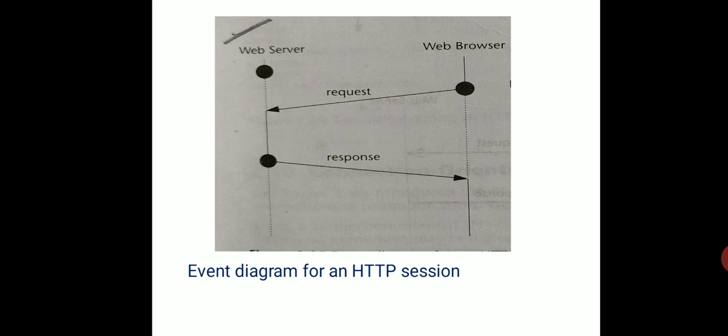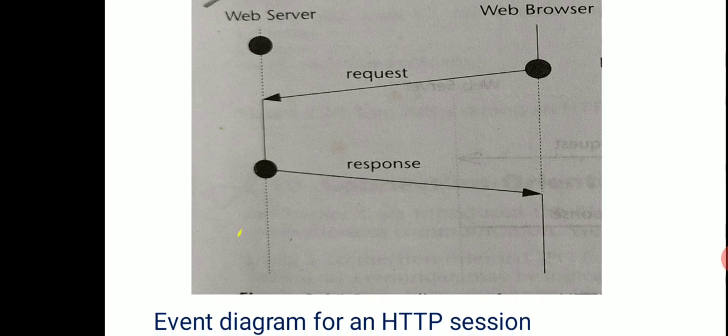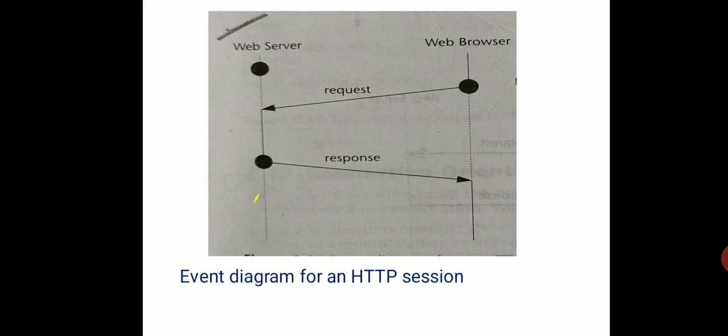So this is an event diagram of HTTP session. Here web server and web browser processes are there. See, first one, this is web server process. So here it constantly listens for incoming request from web browser process. So web server is a server, isn't it?